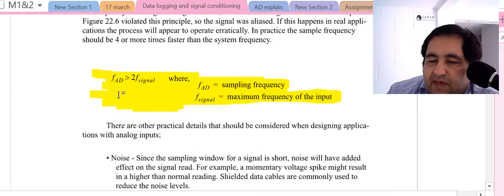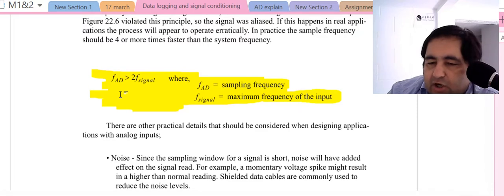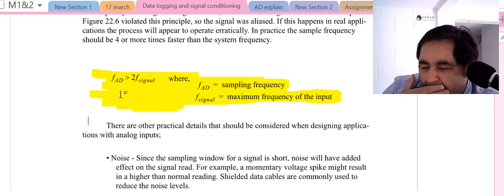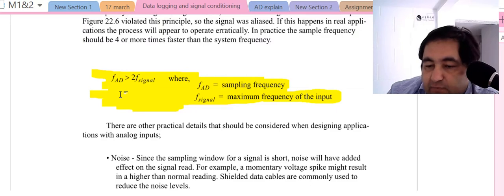And we said we have a formula for frequency: the frequency of A to D has to be more than 2 times the frequency of the signal. That's the minimum frequency required so that we get correct information.